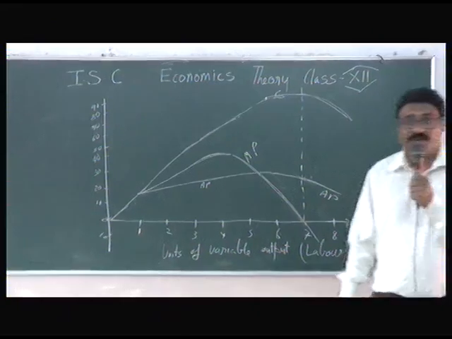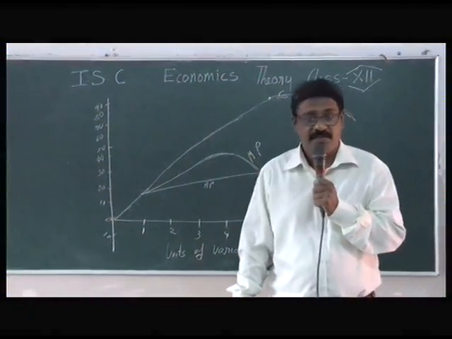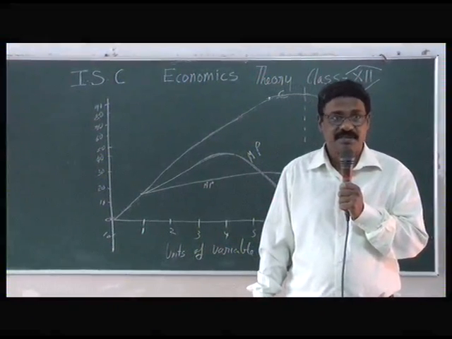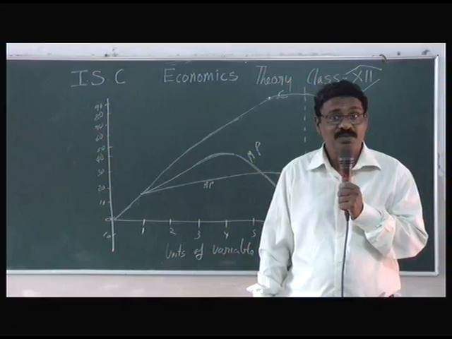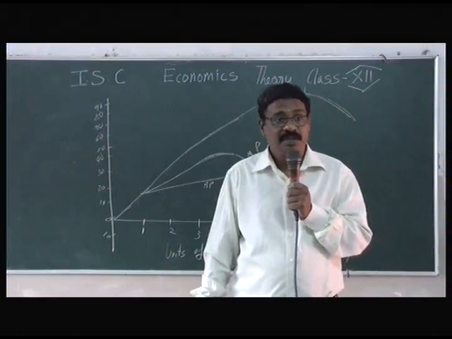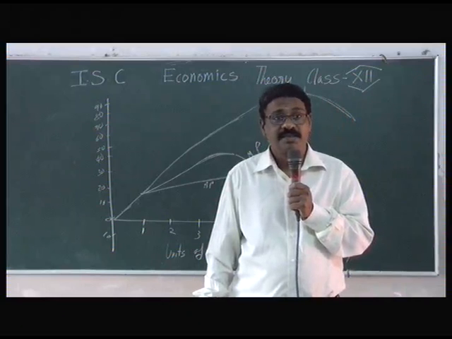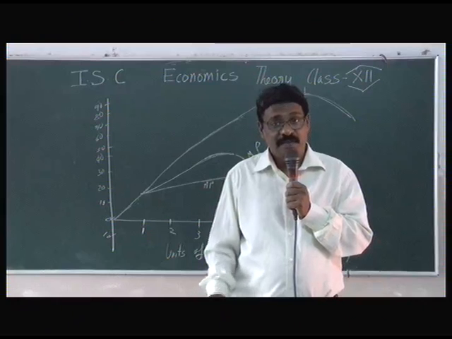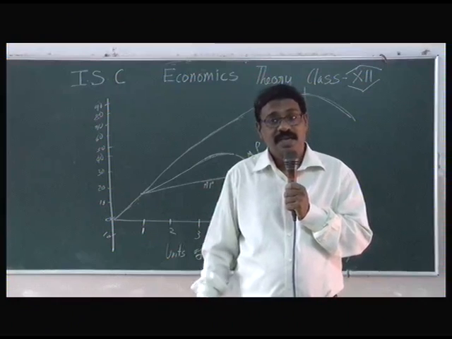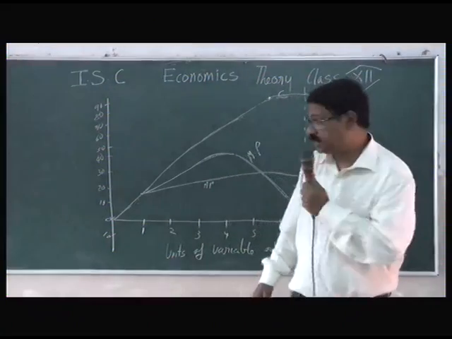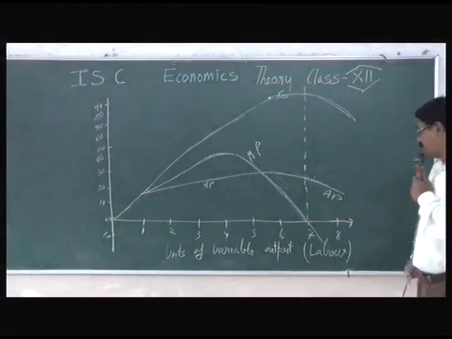In stage 1 of the production, AP is below MP, and in stage 2 of the production, when marginal begins to fall, AP is above MP. When MP increases, AP is below MP. When MP falls, AP falls later and it goes above it. So there is a possibility, and that is the answer here.